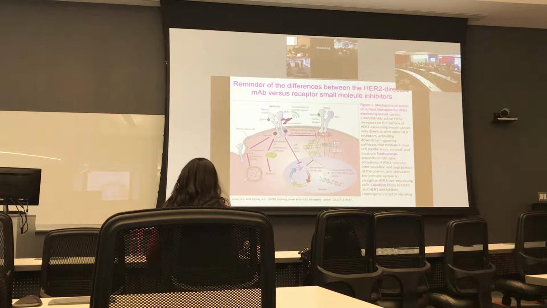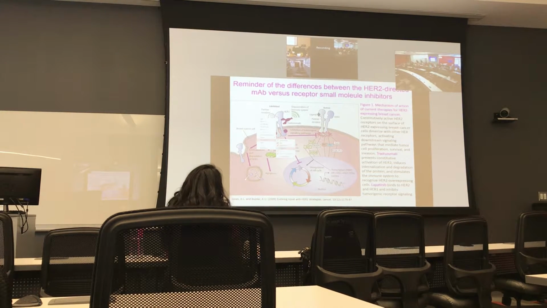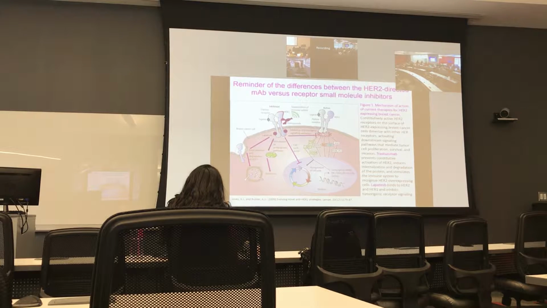So these drugs are targeting the second one, which is HER2. Which is here, HER2. And it's got to dimerize with a family member. And so here it's dimerizing with another partner. It doesn't say if this is EGFR 1 or 3 or 4. But regardless, trastuzumab is here.